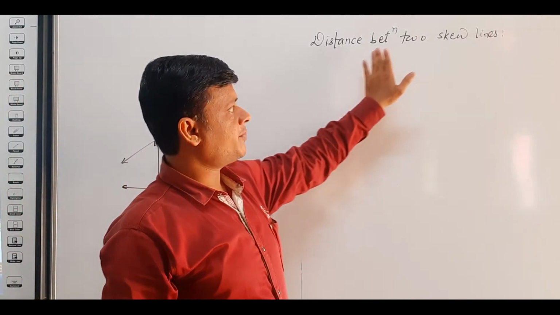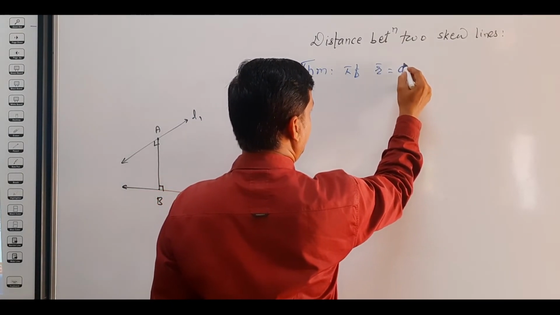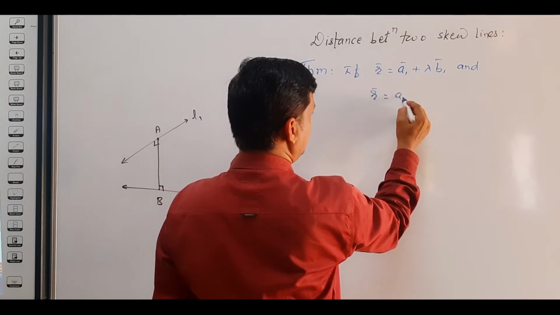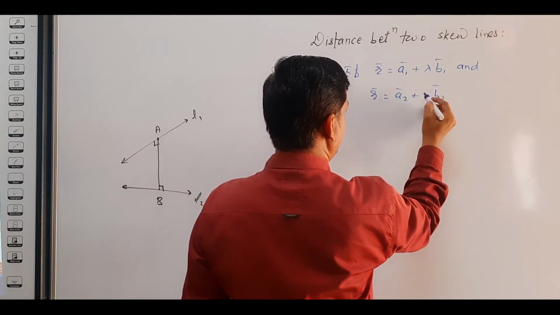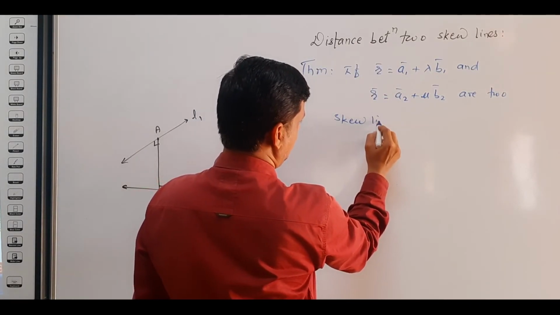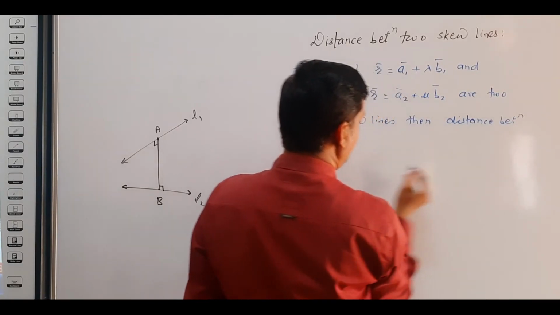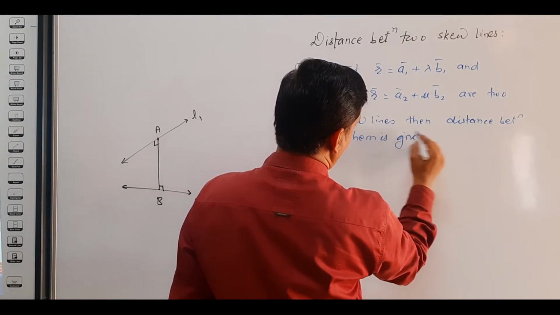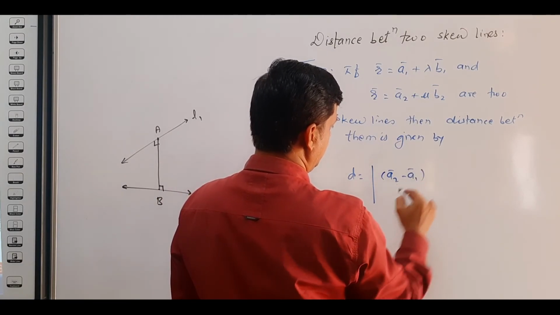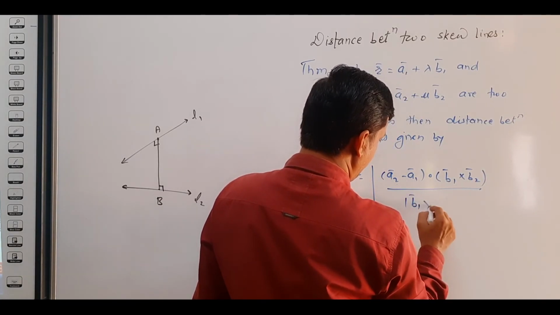Now the next topic is distance between two skew lines. The theorem statement: if r bar equals a1 bar plus lambda b1 bar and r bar equals a2 bar plus mu b2 bar, where in place of lambda we take mu, are two skew lines, then the distance between them is given by d equals (a2 bar minus a1 bar) dot (b1 bar cross b2 bar) upon magnitude of b1 bar cross b2 bar.